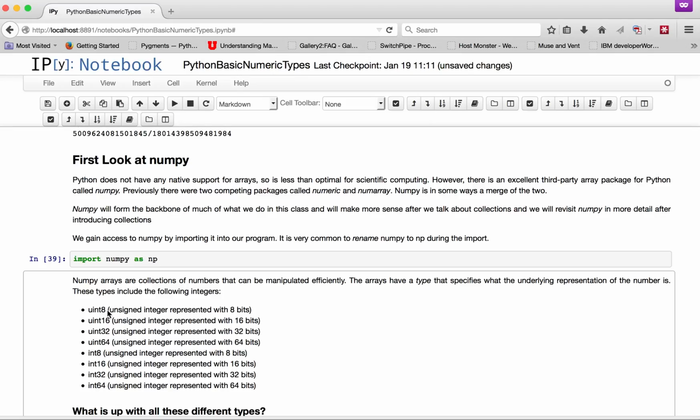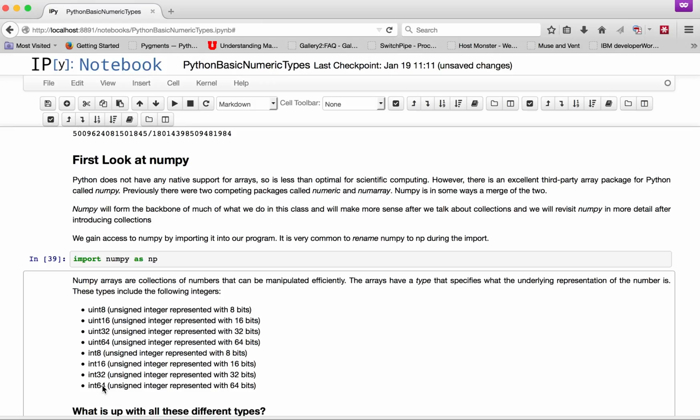So in NumPy, there are the following types of numbers that we can represent. We can represent unsigned integers with 8 bits, 16 bits, 32 bits, or 64 bits. And similarly, signed integers with 8, 16, 32, or 64 bits.